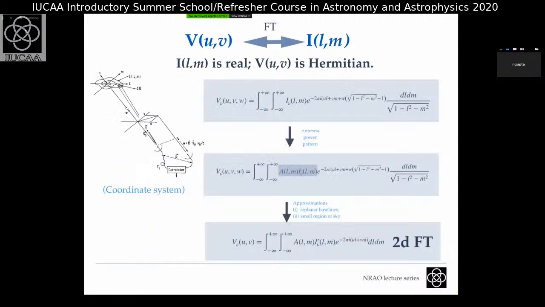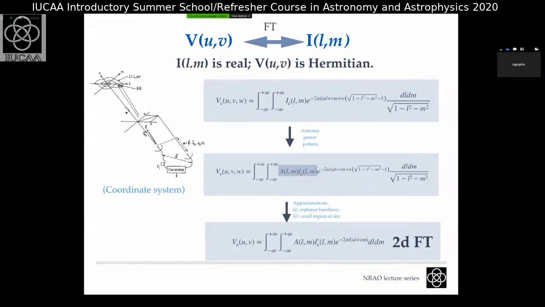Now, the first step to make all this practical is to define a coordinate system in which we can describe how we are measuring the visibilities. On the ground we define a coordinate system U, V, and W. You can see it here. U is generally defined along the east direction, V is towards north, and W is towards the direction of our interest in this case.